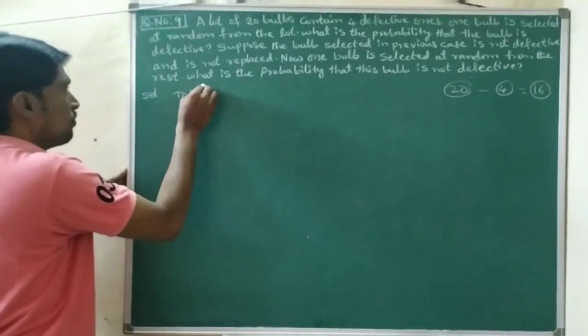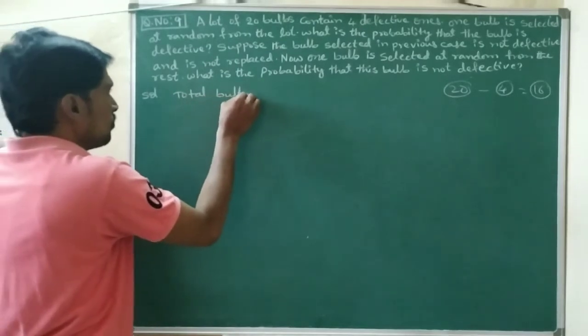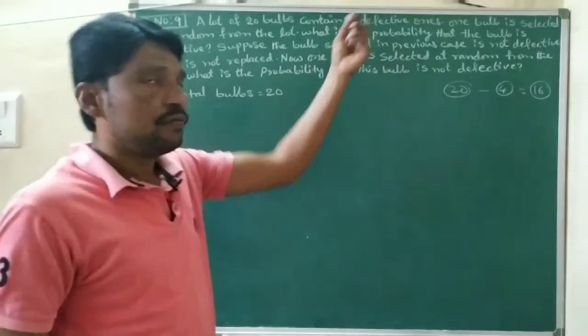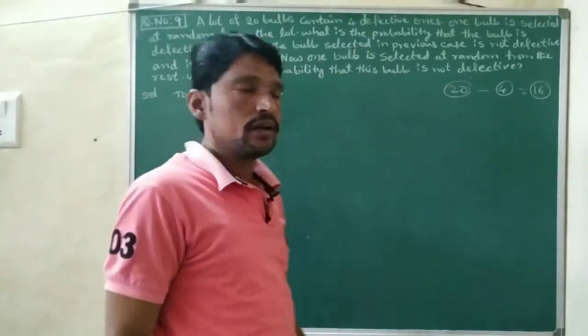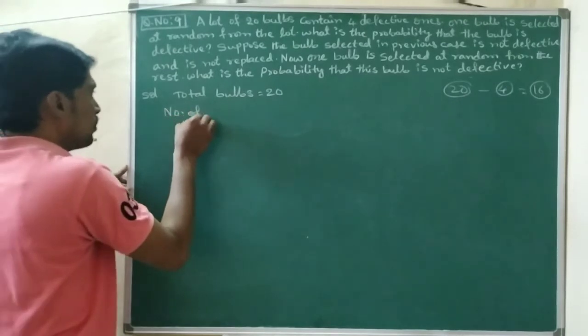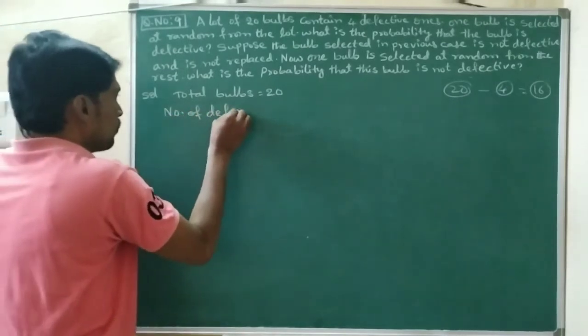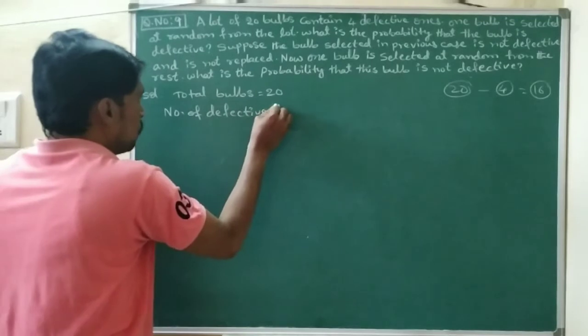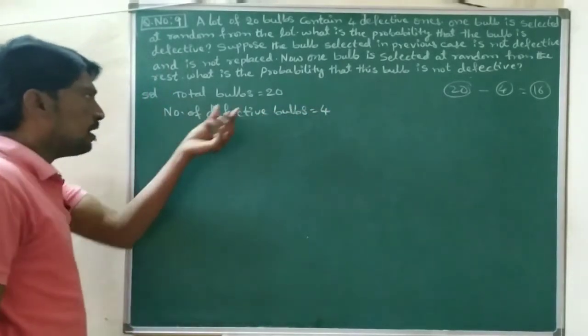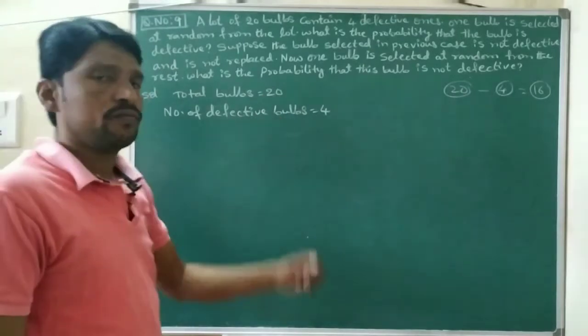Total bulbs equal to 20. In that, how many defective bulbs? Only 4 are defective bulbs. Number of defective bulbs equal 4. So here 20 bulbs, in that 4 bulbs are defective bulbs.